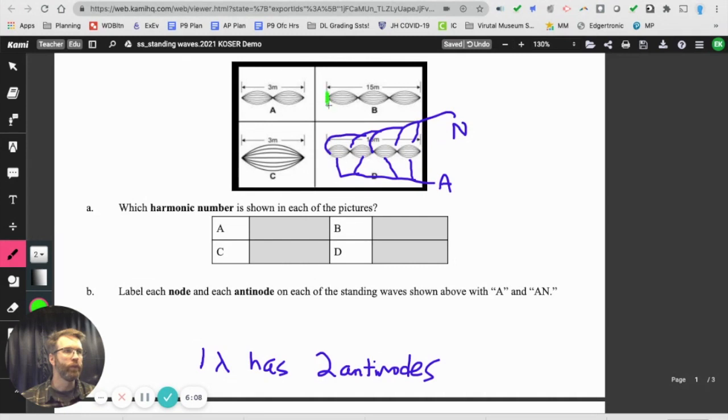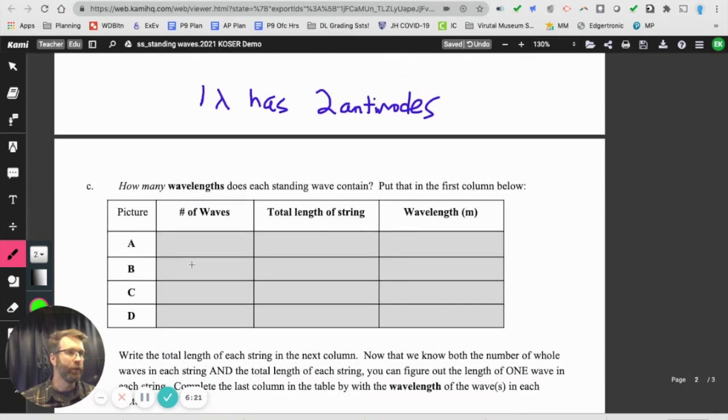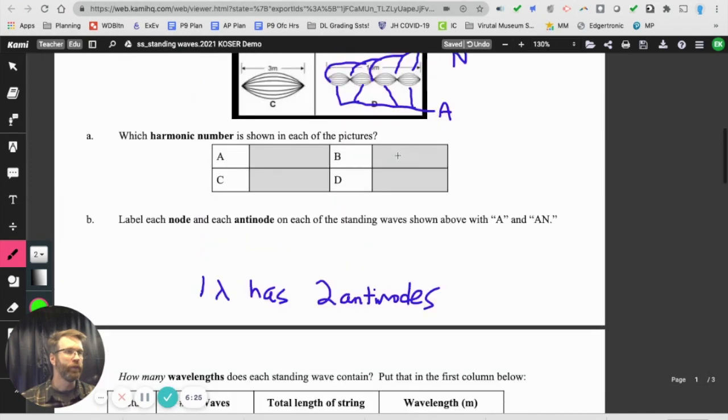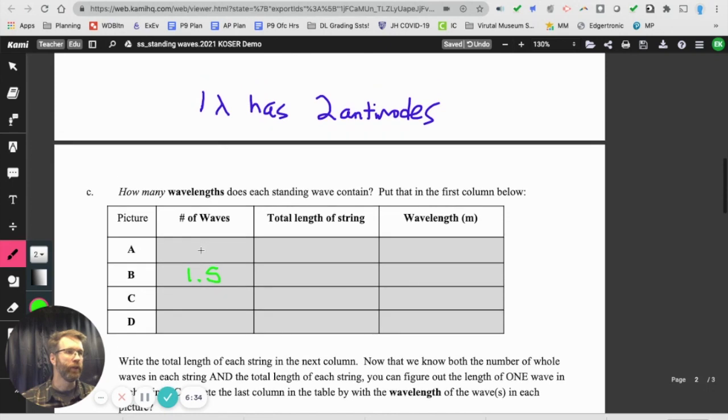So one wavelength would start here and go over to here. So in this case, we'd have 1 and 1/2 waves, 1.5 total waves in picture B. Of course, if you look back to picture A, that one's a little easier, right? Because there's 2 antinodes. So picture A is just 1 wave, and so forth. I'll ask you to try to figure out the other 2.